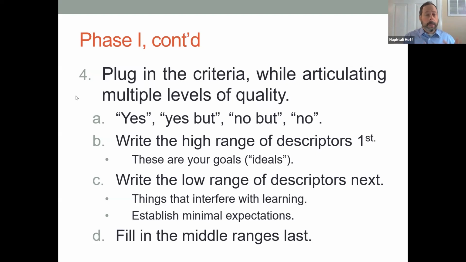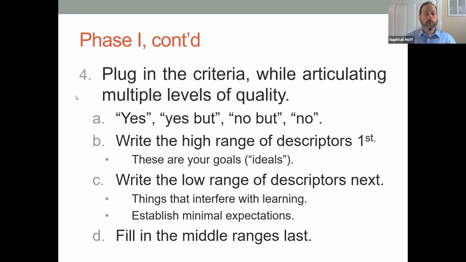Yes, but means that by and large, the student did the right thing, but there's an element that could have been better. No, but means that the student really didn't do it, but here is a positive, a sort of saving grace. There's something in there that I can give credit for, something that does in fact meet the criteria on a basic level. And no, flat out no, means nothing at all, and 0 points attributable to that.